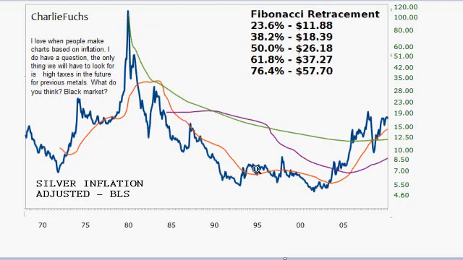This orange line, which is the shorter moving average, I think it's along the lines of a 500 period. I can't remember actually. This was late at night when I did this particular chart. However, I just don't trust the BLS.